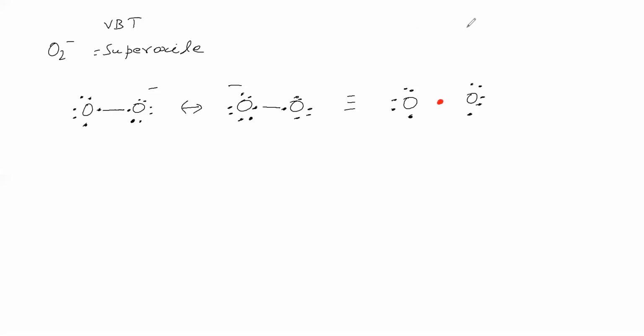Next, this oxygen is contributing one electron for bonding, and this oxygen also contributes one electron for bonding. Now we will make these 3 electrons form a bond. Understand that 3 electrons made a bond, therefore it is called a 3 electron bond.